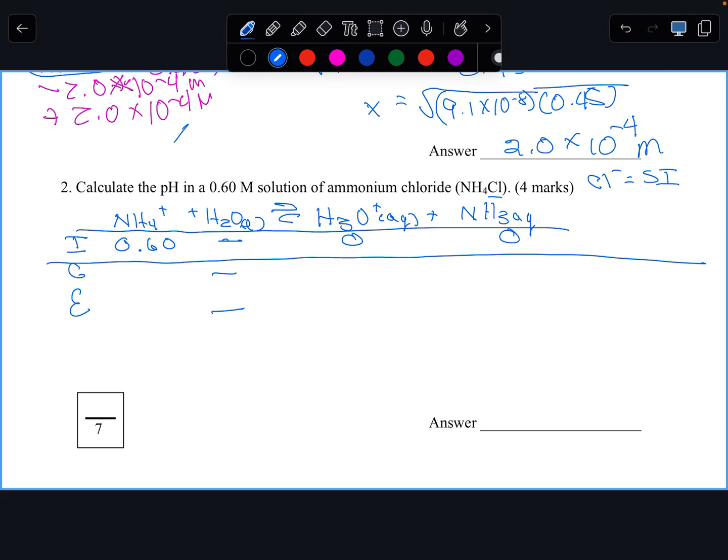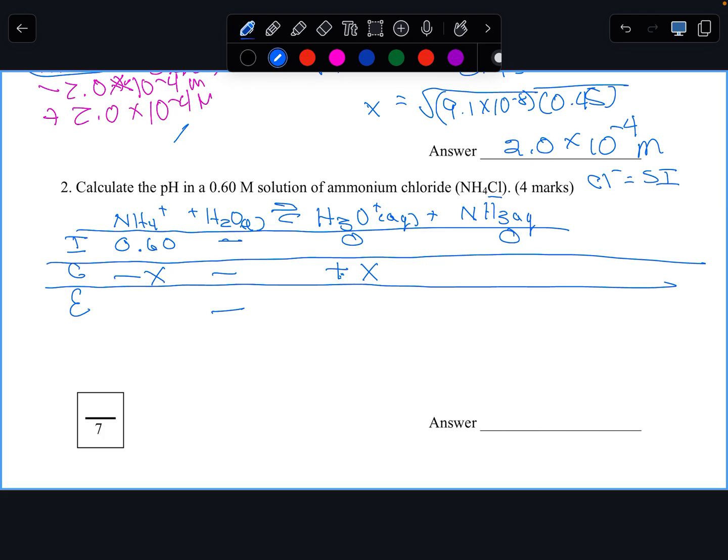Now, let's look at our second line, our change line in terms of X. What will my NH4 be? Minus X. My H3O plus?